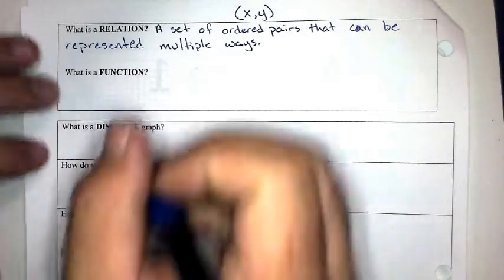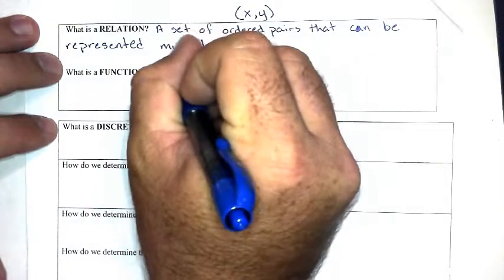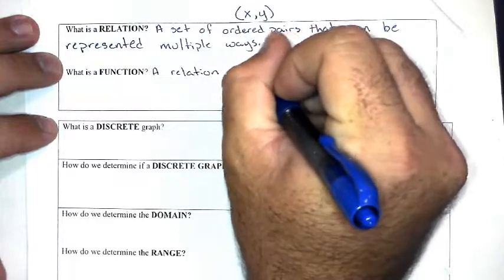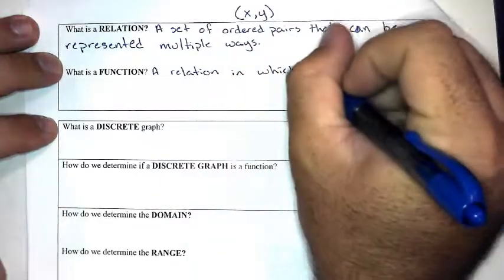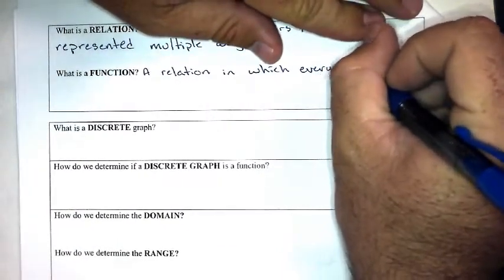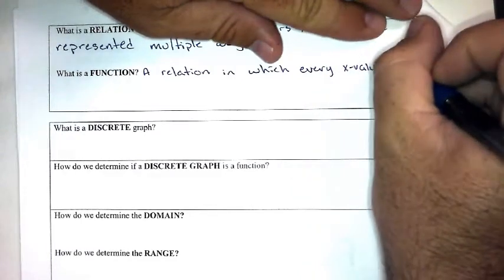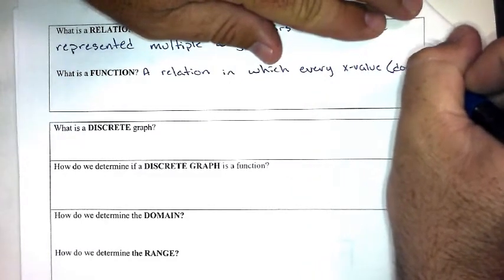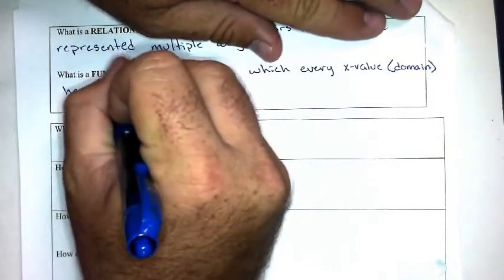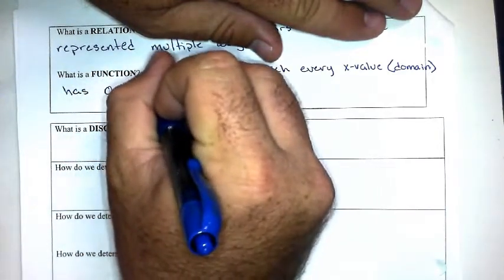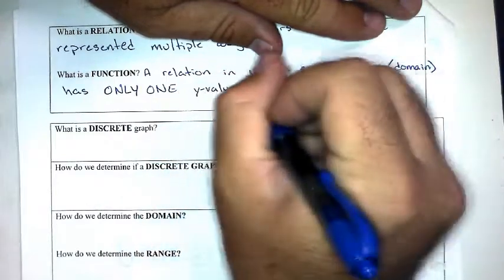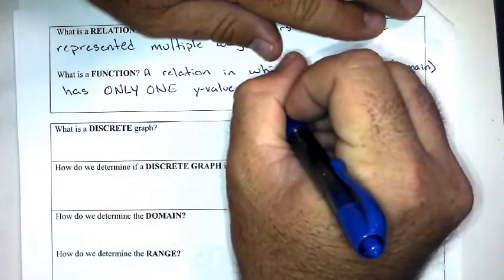A function, which again is a relation, in which every x value, which we call domain, has, and I'm doing this in all caps, only one y value, and we call y values the range.